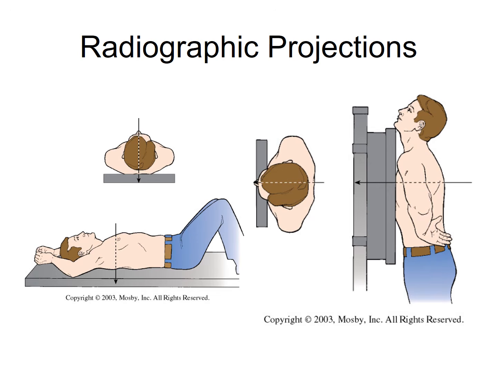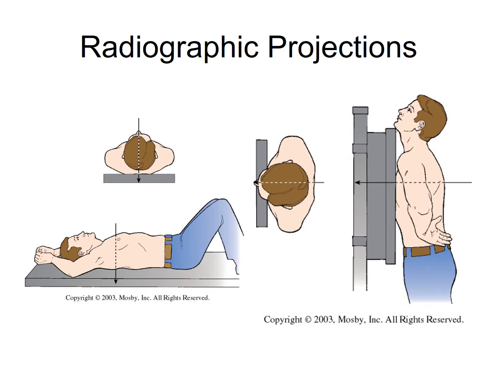Projection, put this in your brain, projection means where does the beam enter versus where it exits. Now let's look at the two pictures on the right-hand side. Now on the right-hand side, what do we notice? We notice the beam is entering the patient's backside, which is their posterior side, and it's going to exit their anterior side.